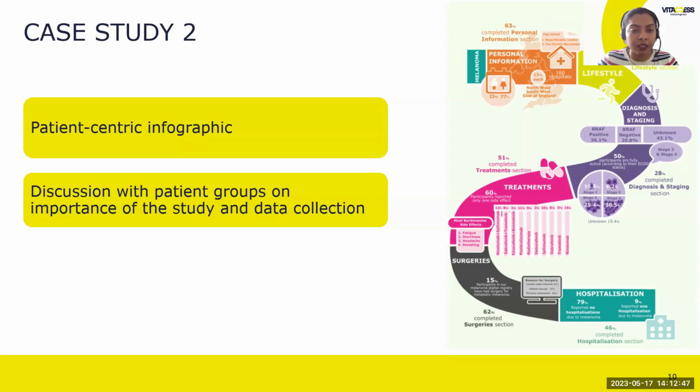For example, diagnosis and staging information sheds light on the types and severity of the melanoma cases included in the study, as well as the BRAF status that helps in diagnosis as well. In terms of treatment, the infographic gives us an overview of different treatments offered to melanoma patients, as well as some of the most bothersome side effects reported.